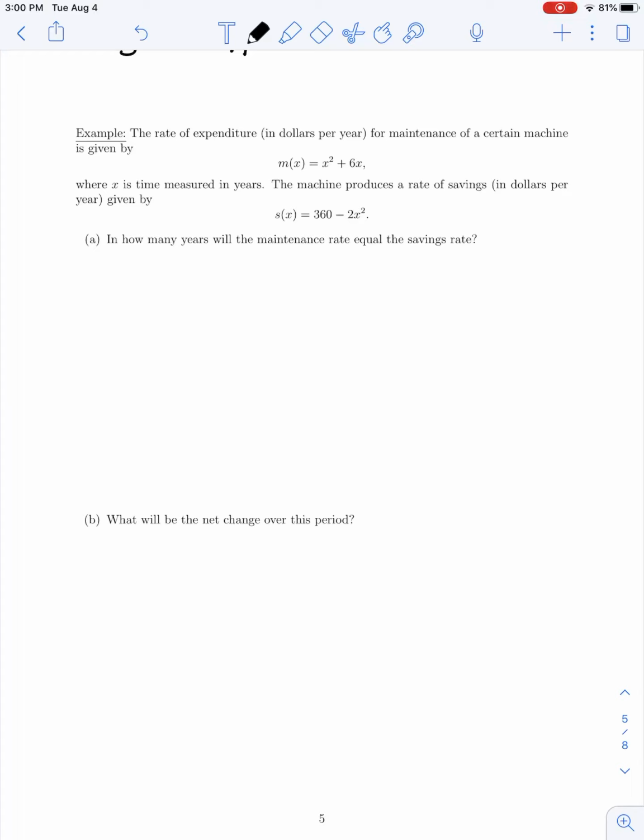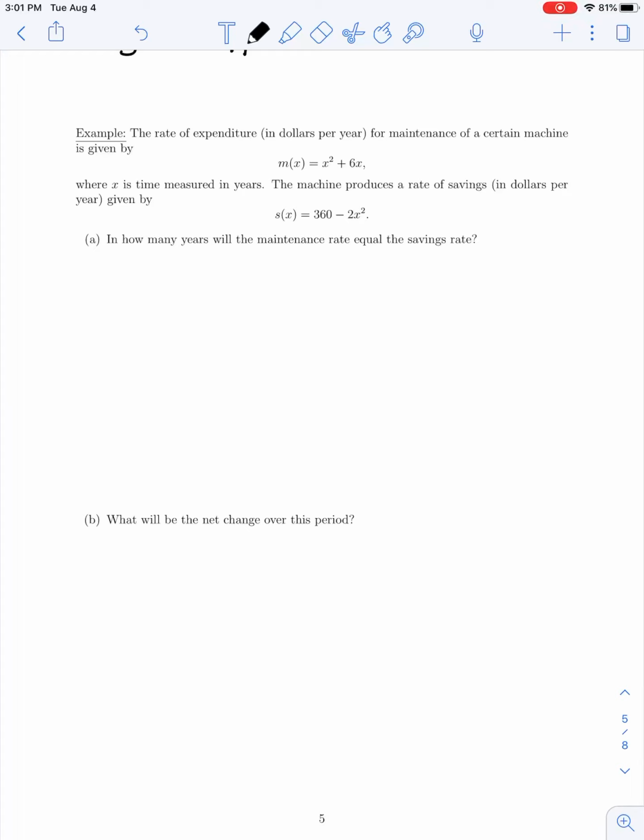So let's look at another example. So in this next problem, we're told that the rate of expenditure in dollars per year for maintenance of a certain machine is given by m of x is x squared plus 6x, where x is time in years, and the machine produces a rate of savings in dollars per year given by s of x is 360 minus 2x squared.